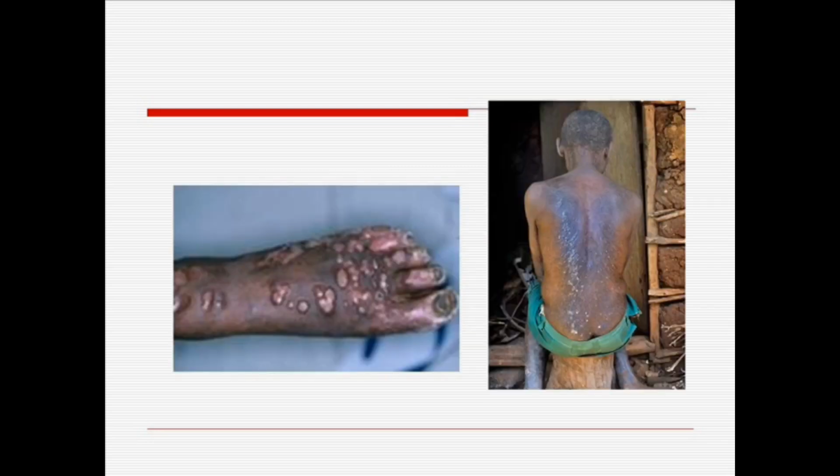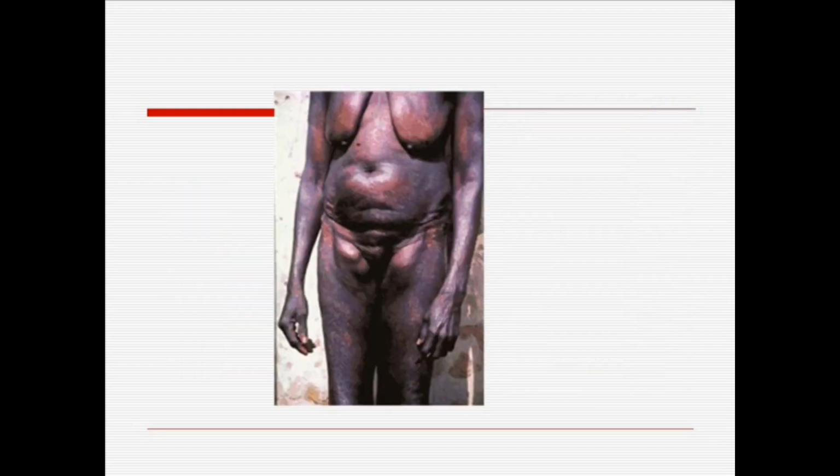Chronic papular onchodermatitis: larger papules resulting in hyperpigmentation. Lichenified onchodermatitis: hyperpigmented papules and plaques with edema. Lymphadenopathy, pruritus, and common secondary bacterial infections.